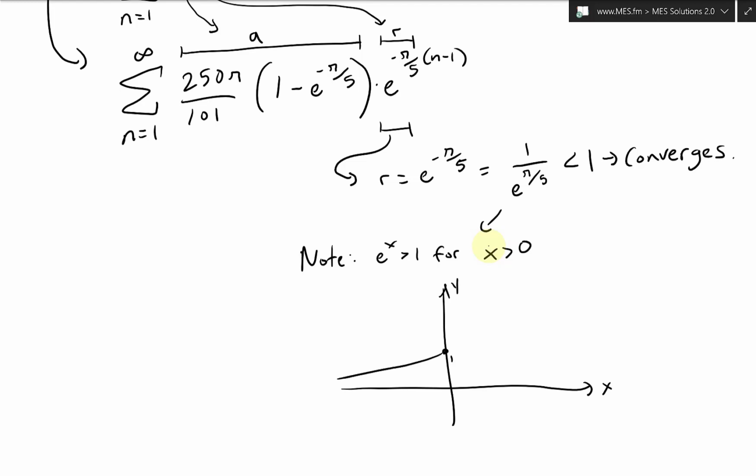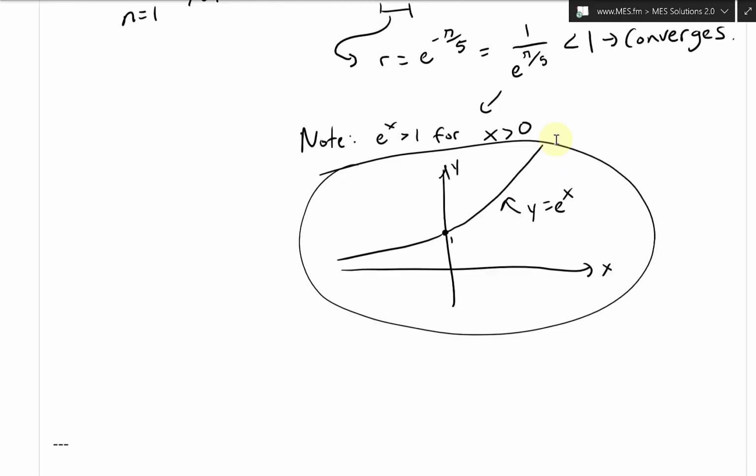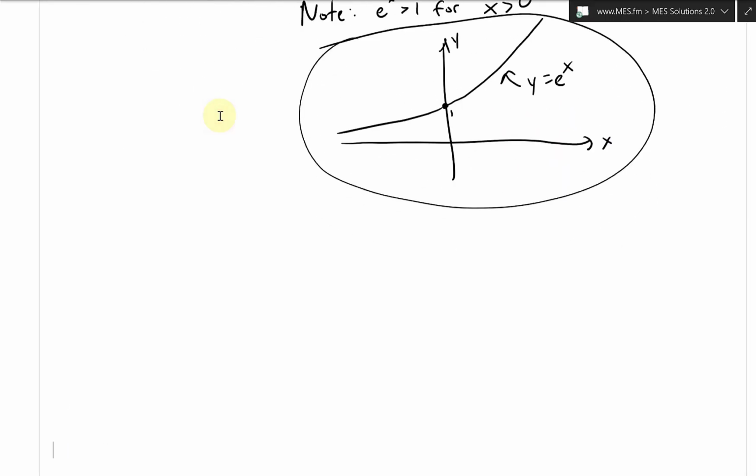As you go negative, you're dividing by a large number so it goes downwards there, and this goes up like that. This is y equals e to the x, an exponential curve, so this is greater than 1 there. So 1 divided by a number greater than 1 is going to be less than 1.